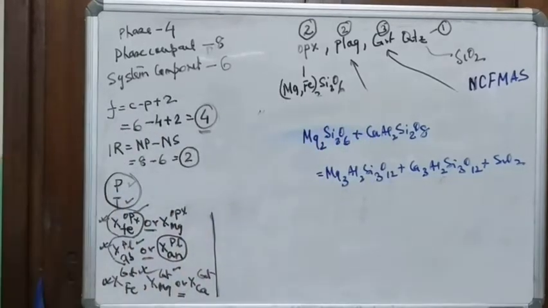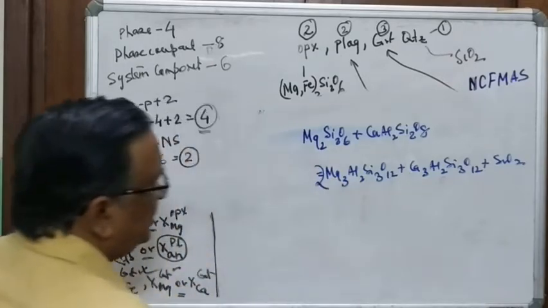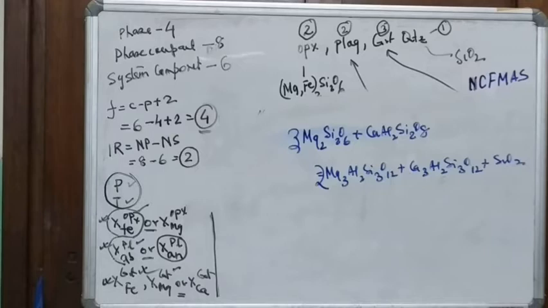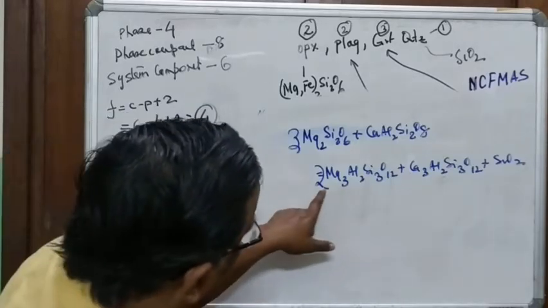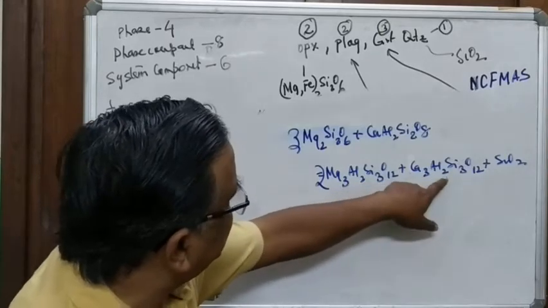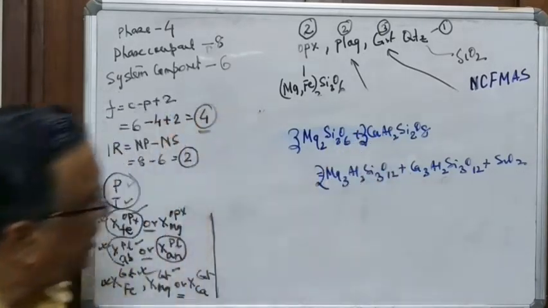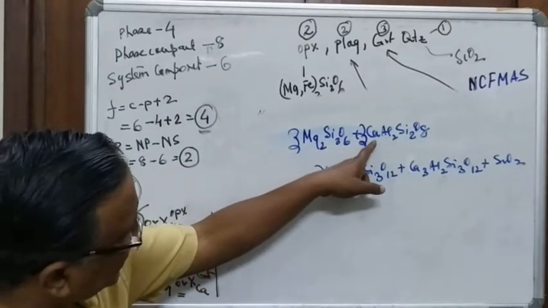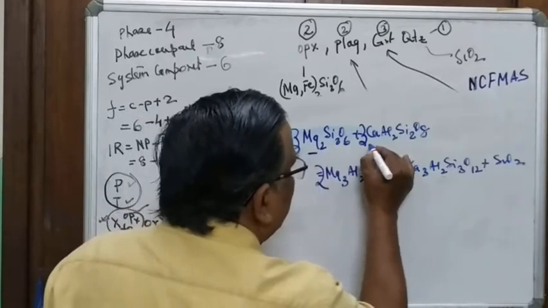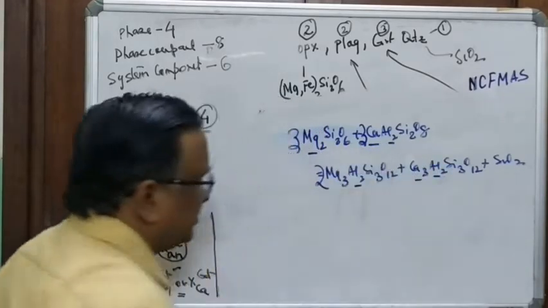This is one reaction. You can see here magnesium is 3, so you write 2 here. And you balance this magnesium with 3, so you have 6 magnesium. And now here you can see you have 2 into 2, 4 aluminium plus 2, 6 aluminium. So here you give 3 aluminium, so your aluminium is balanced. And this calcium balances this one. So magnesium, calcium and aluminium are balanced in this reaction till now.